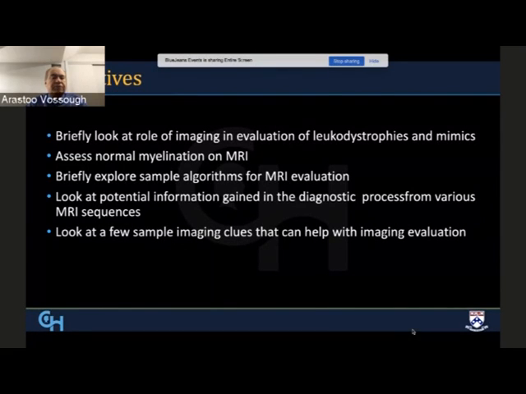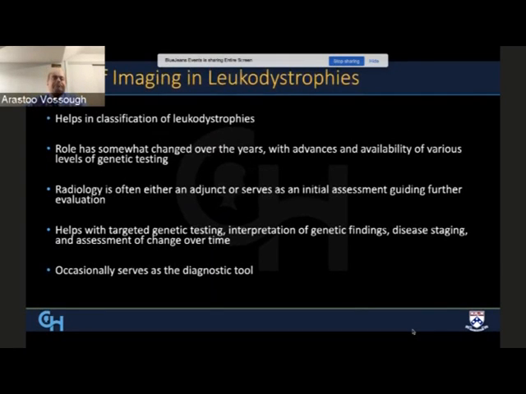We'll touch base on a few examples of potential information that we can get from certain MRI sequences, and finally look at a brief sample of imaging clues that can help with imaging evaluation. Obviously, this 30-minute talk will inevitably be incomplete and rather simplistic, but I hope it will provide a basis for the imaging approach.